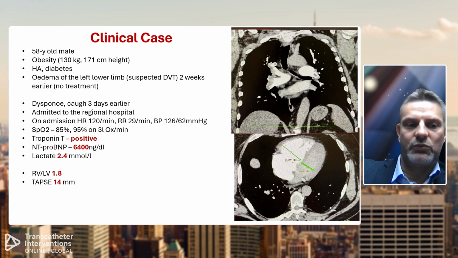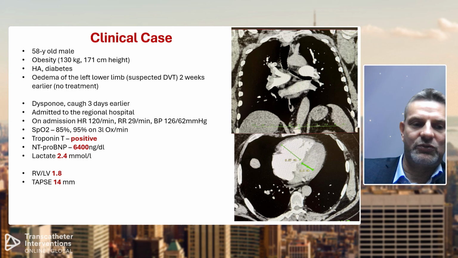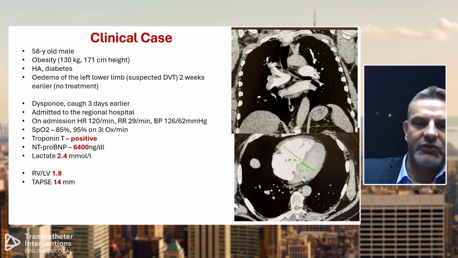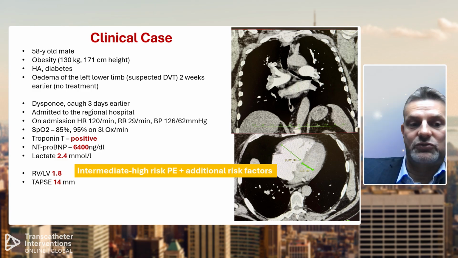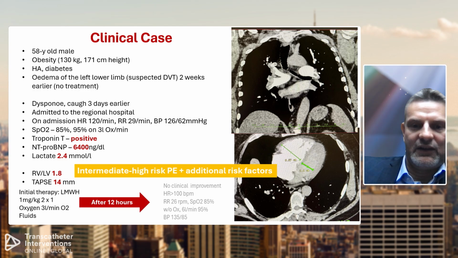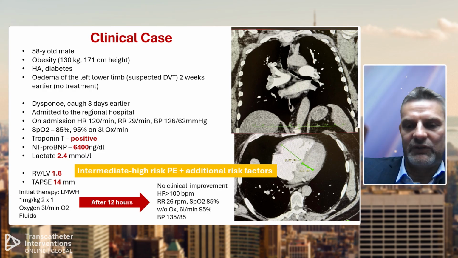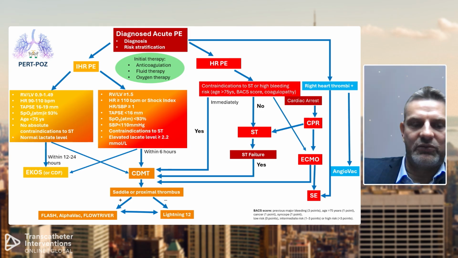He presented with positive troponin, highly elevated NT-proBNP, and increased lactate, an RV-LV ratio as high as 1.8, and decreased TAPSE. Of course, this patient had suspected normotensive shock. He was initially treated with low molecular weight heparin, but without improvement.